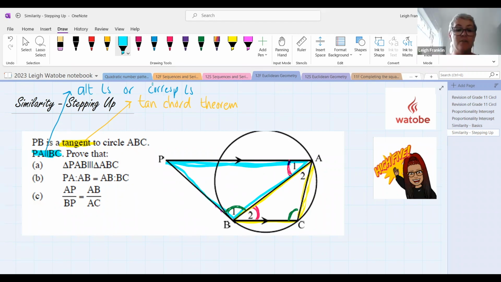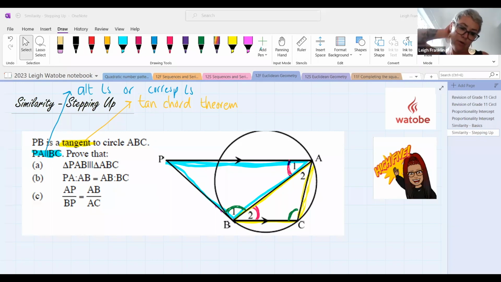Can you see that we've actually already proved our similarity, because we've got two pairs of angles that we can already show are equal to one another. We can conclude that the third angles will be equal because of what reason? Can anybody remember what that is? That final last reason after we've got two pairs of angles.